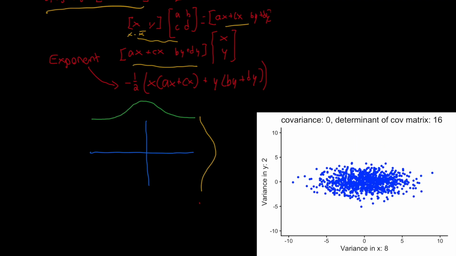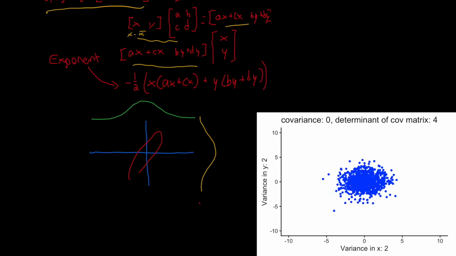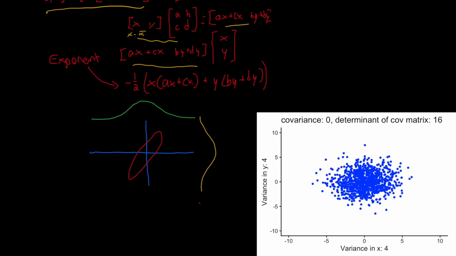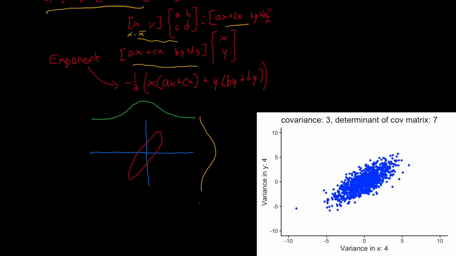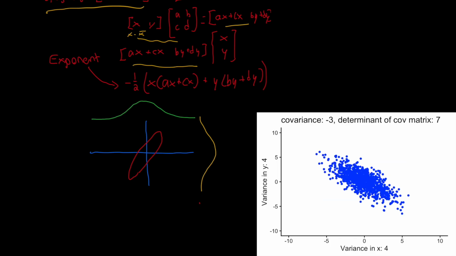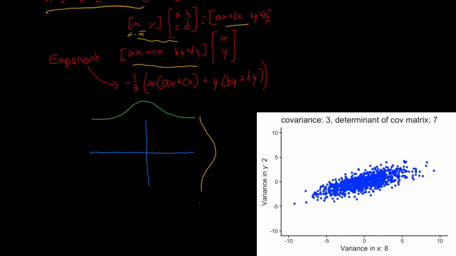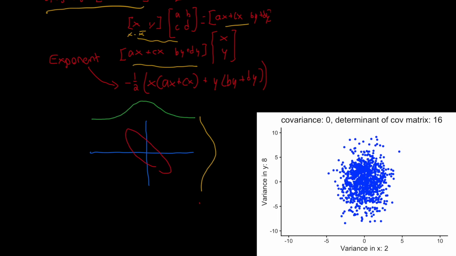Similarly, the covariance itself between these two variables will tell you how skewed along the diagonal your data, or your probability distribution, is going to be. If you have a high positive covariance, it's going to look something like that. Similarly, if you have a negative covariance, it will probably look something like that.